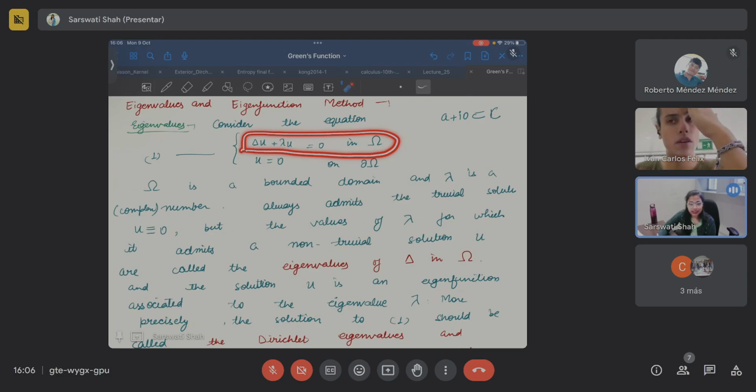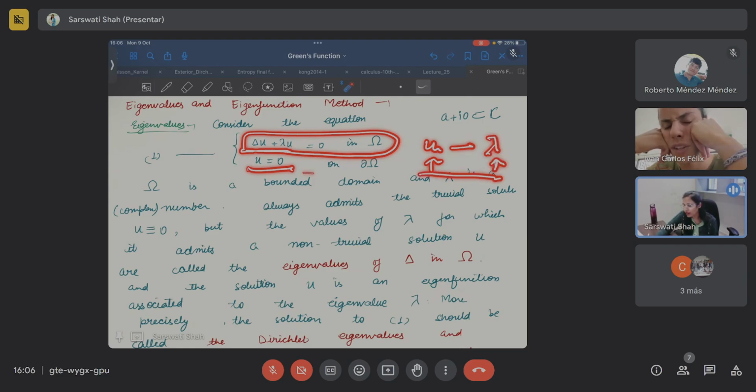Any solution which satisfies this equation for a given lambda: if you are able to find a solution u for a given lambda, then we call that lambda an eigenvalue and u an eigenfunction. In that case, you will have some arbitrary constant, isn't it? Yes. To remove those arbitrary constants, we need some boundary condition. When we employ the boundary condition on the dependent variable, this solution is called the Dirichlet eigenvalue and Dirichlet eigenfunction.